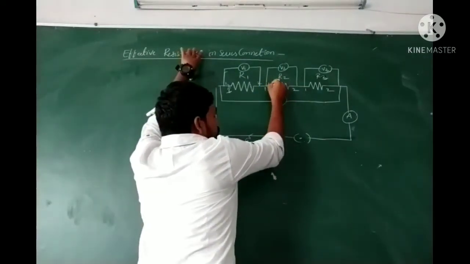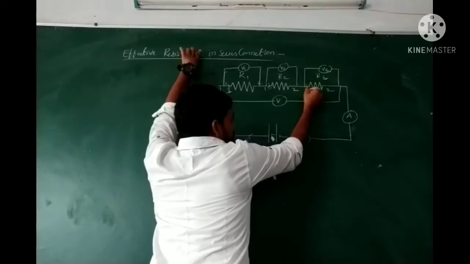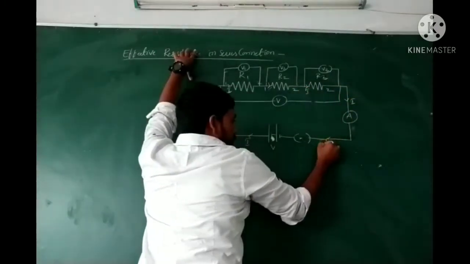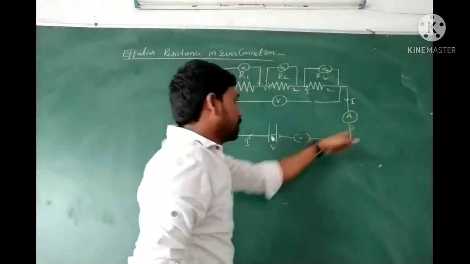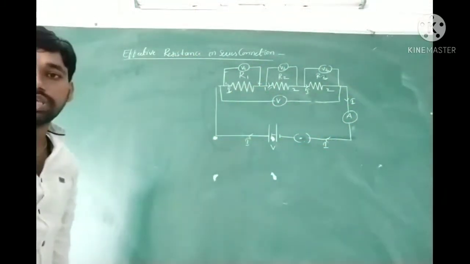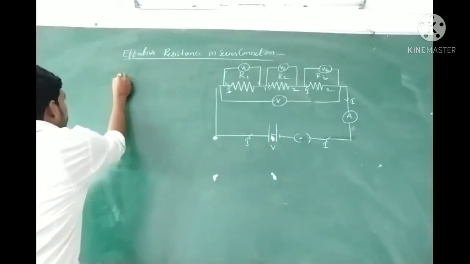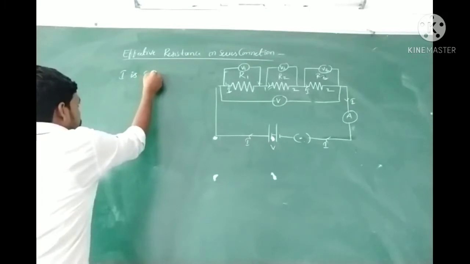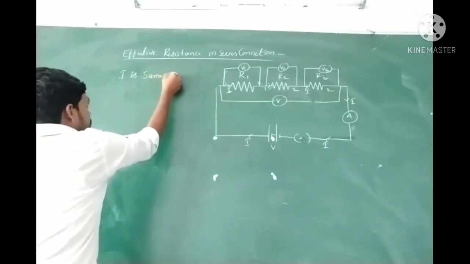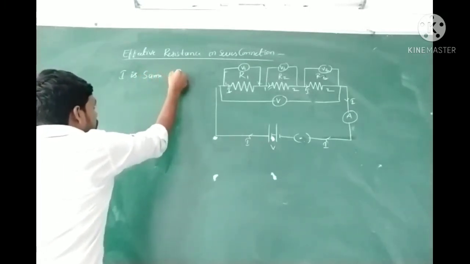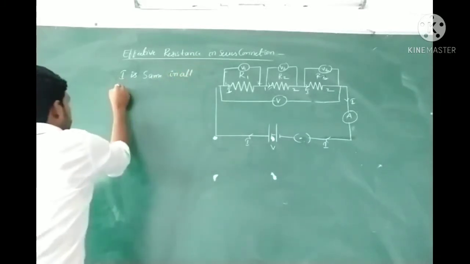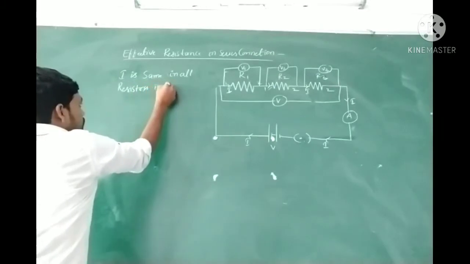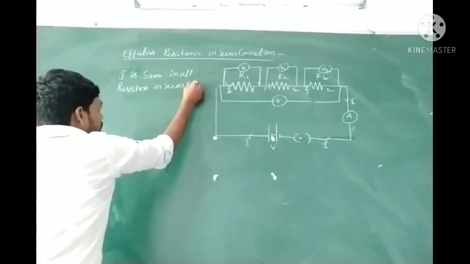And then it goes through the R3 resistor, the same current I, and likewise the current flowing through the circuit is the same. So we can say I is the same in all resistors in series connection.